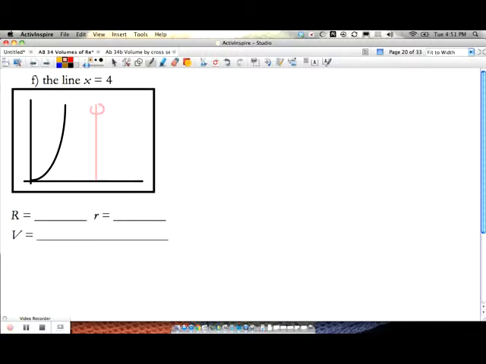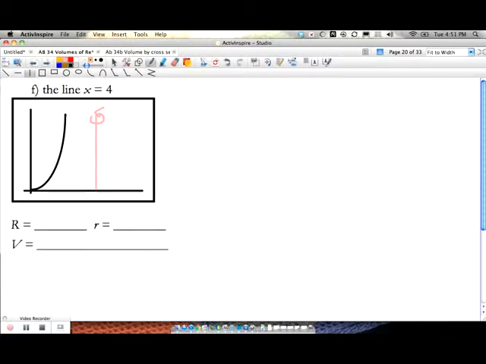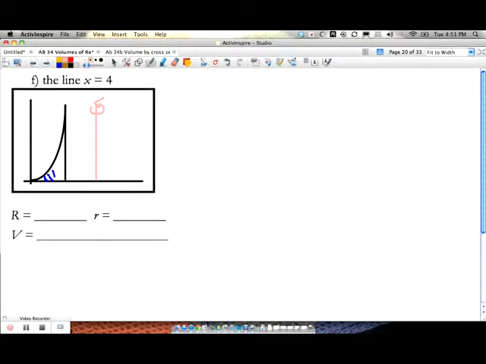So we're going to be spinning around this line right there, x equals 4. We're still bounded by the line x equals 2. So we still have that same blue shaded area that we've been doing for the last few parts of this example. But now we have this empty space between the bounded region and the axis of rotation.